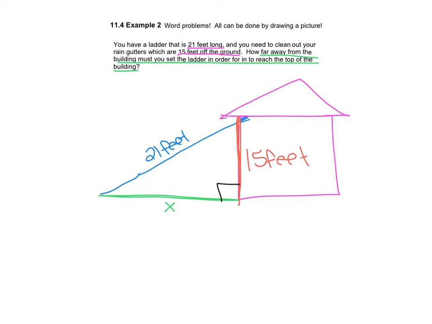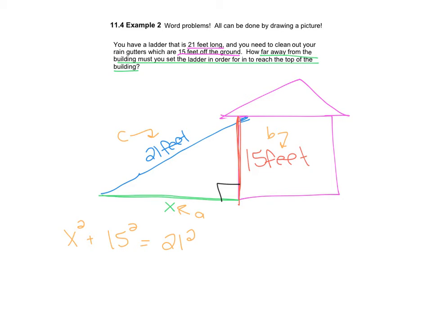I know that my value for C is 21, my value for B is 15, and my value for A is x. So now if I apply my Pythagorean theorem, I have a squared, which is x squared, plus b squared, which is 15 squared, is equal to c squared, which is 21 squared.